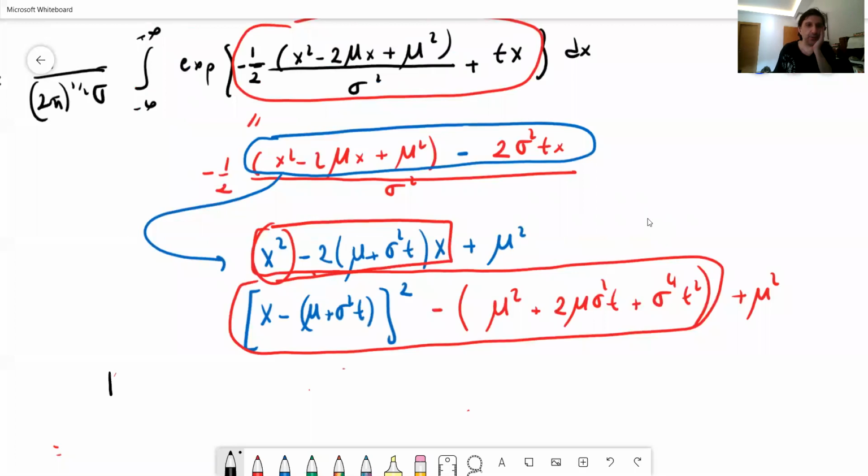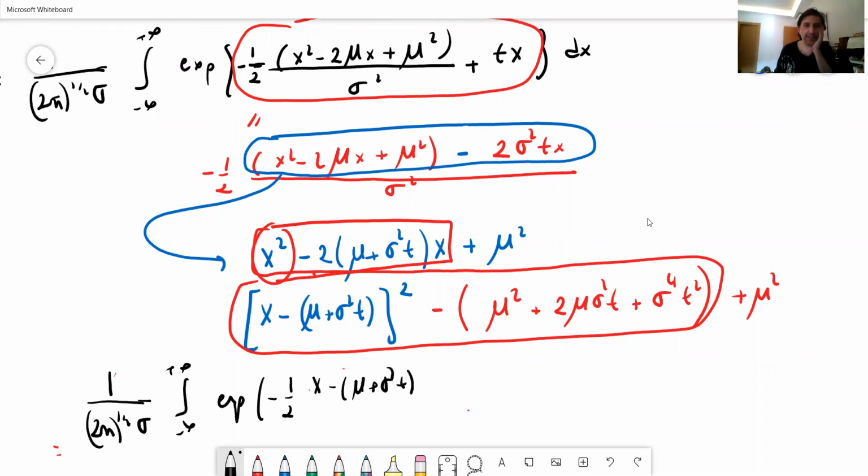So we had the term here 1 over 2 pi sigma, and we are going to have our exponential here, exponential minus 1 over 2, this term here, x minus mu plus sigma squared T divided by sigma square, and all these terms are squared. And we are going to have also this other exponential term.